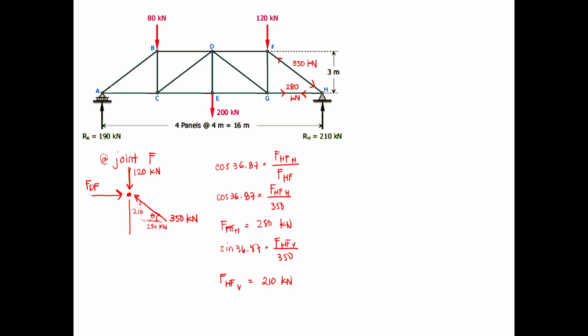So 210 going upward, 280 going to the left. Notice 210 going upward, and then you subtract 120. So there's an excess of almost 90.